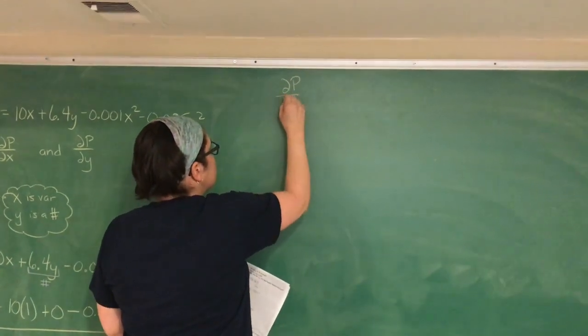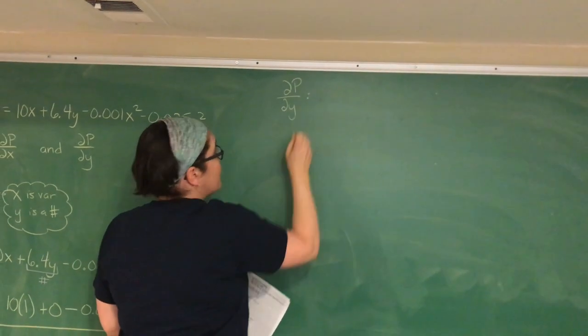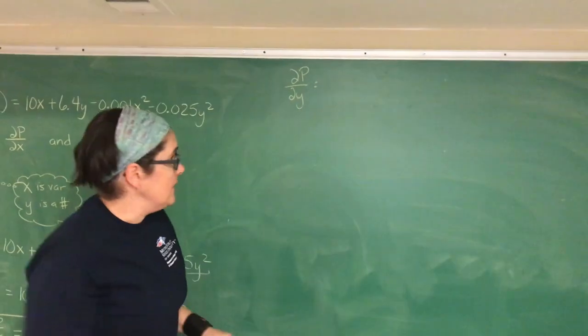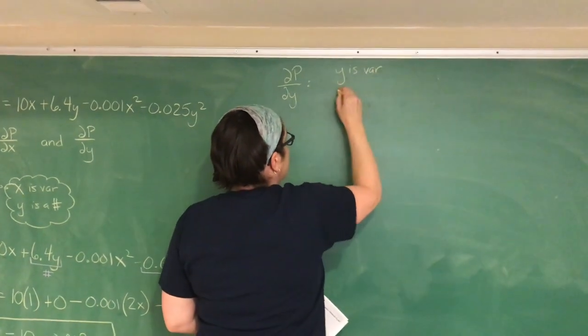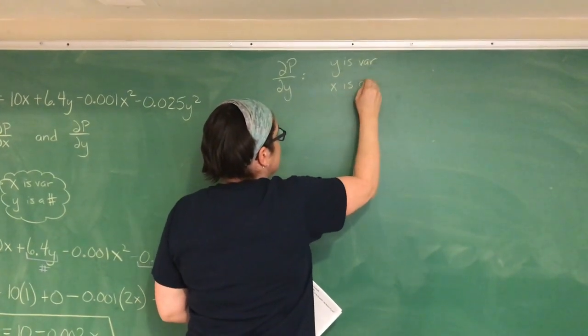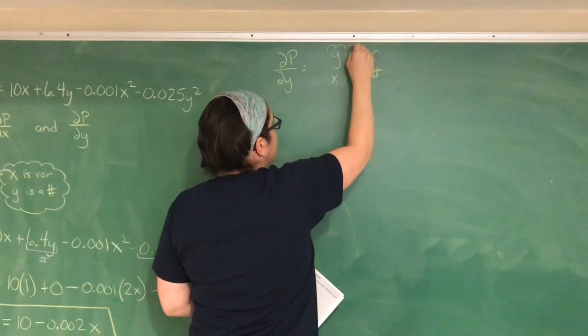Partial derivative of p with respect to y. I now want to reset my mind, and now I want to think that y is my variable and x is a number.